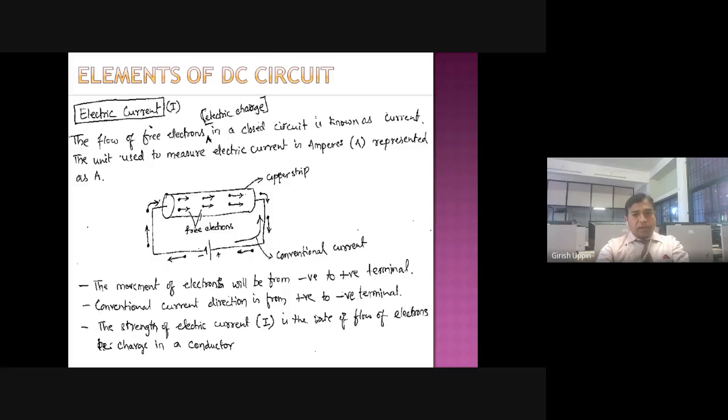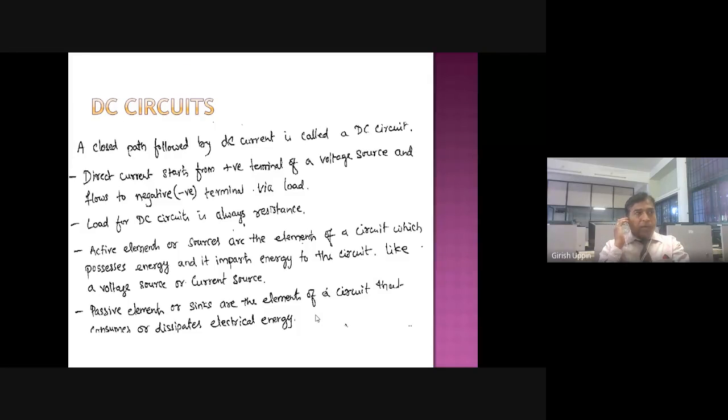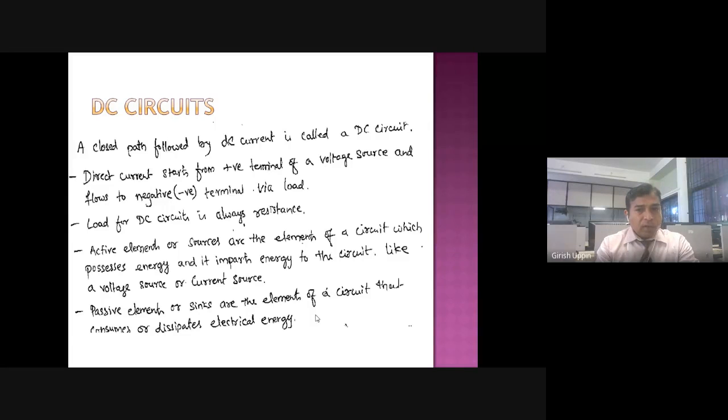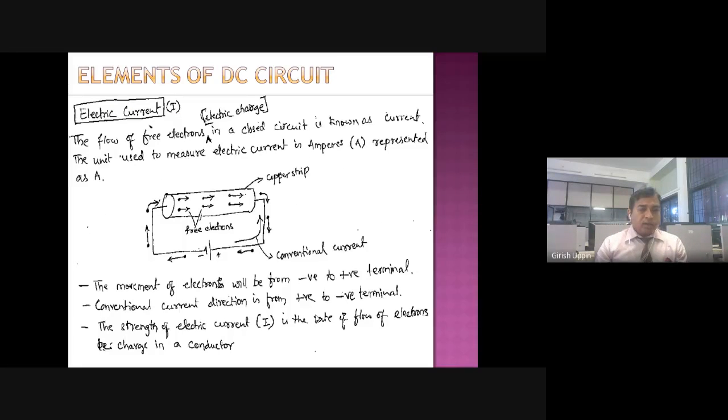First, we will understand what is electric current. Can anybody tell what is electric current? Flow of charges. Very good. Flow of electric charges or flow of electrons. It is a flow. For example, a water current. If you see a stream, we call it a water current. What is the water current?